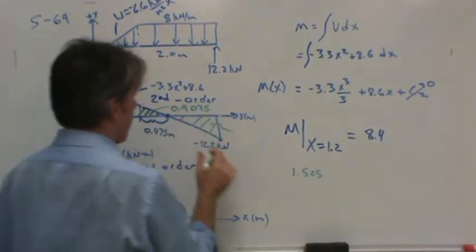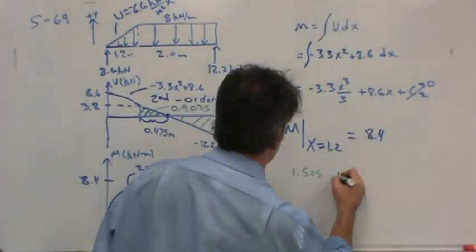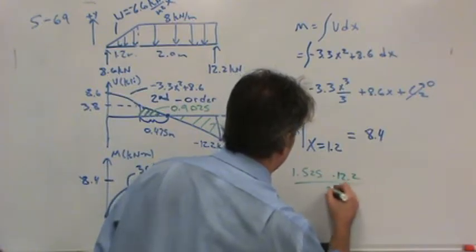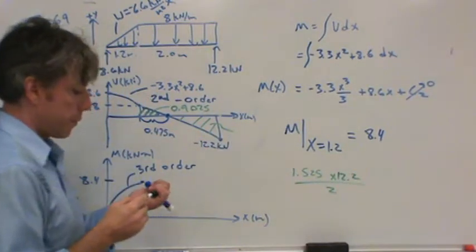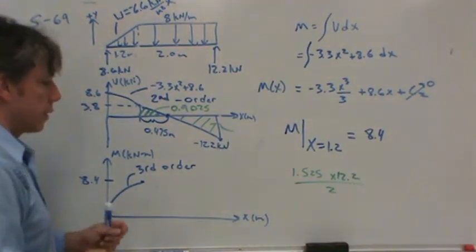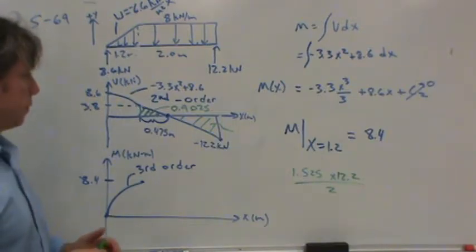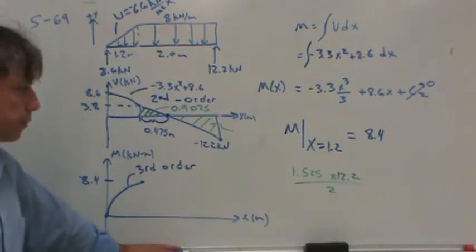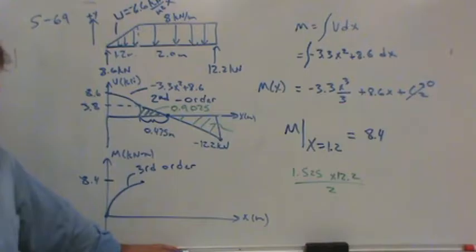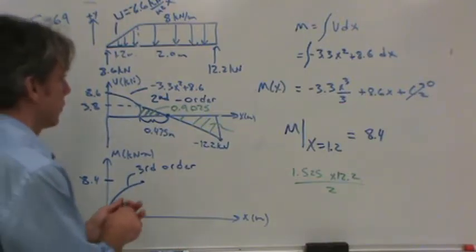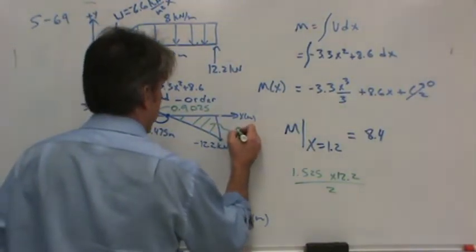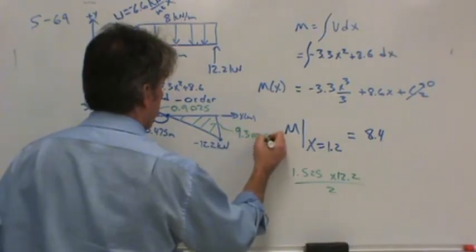Okay. Multiplied by 12.2 and then divided by 2 is how much? 9.3025. 9.3025. Okay.